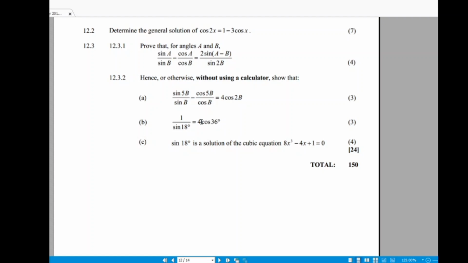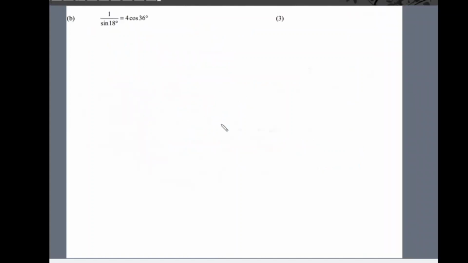Now notice what this right hand side is similar to the right hand side from the previous question. In question A we have 4 cos 2B, now we have 4 cos 36, right? So notice that 4 cos 36 is equal to 4 cos 2 times 18 degrees, right?